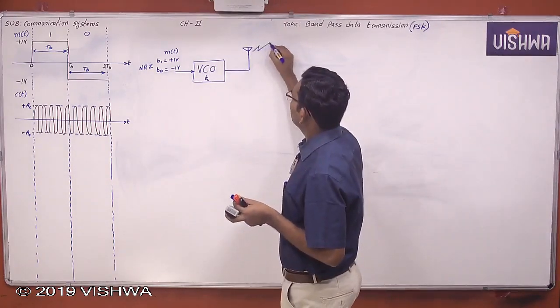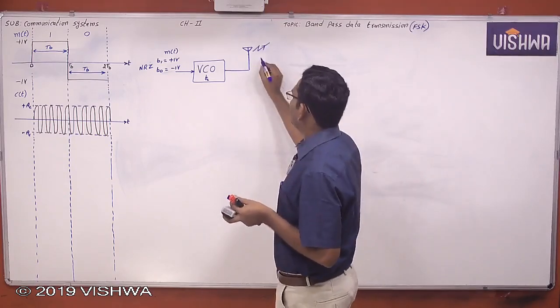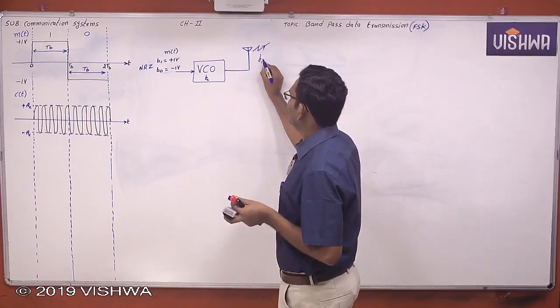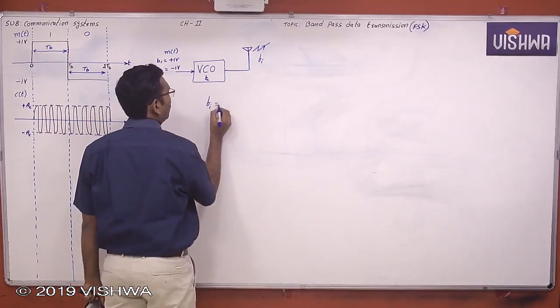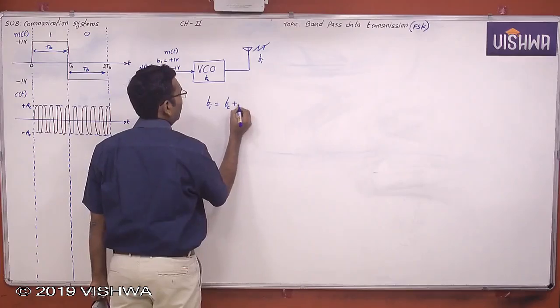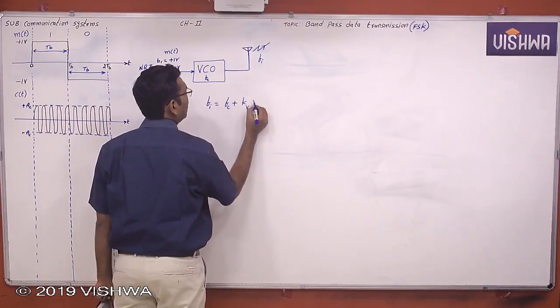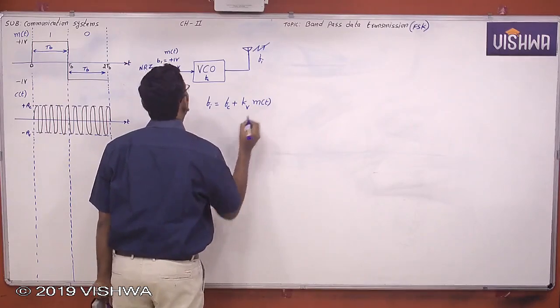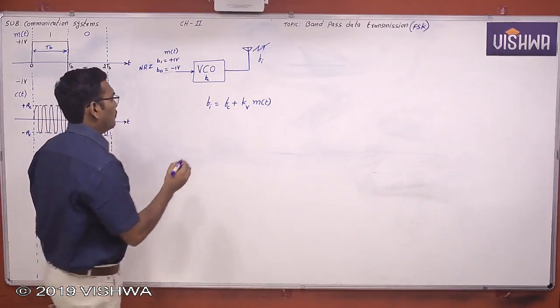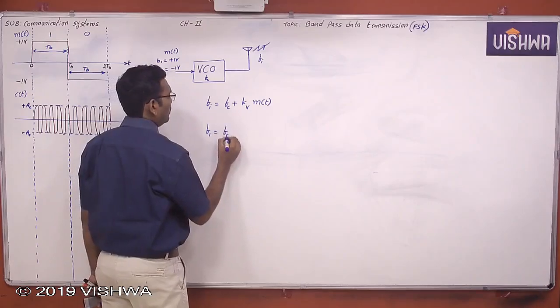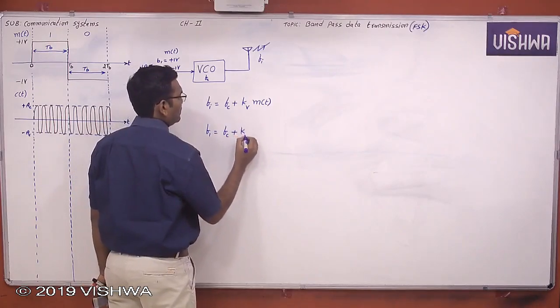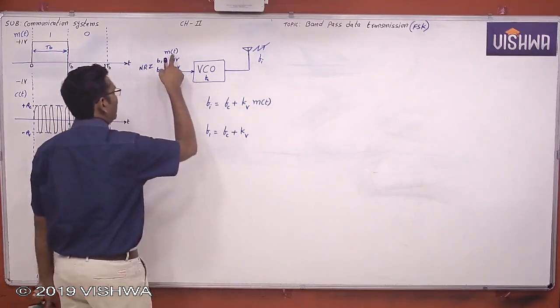Now see here, what is Fi? The frequency generated by the VCO is Fi, which is equal to Fc plus Kv into m of t. M of t is the message signal.